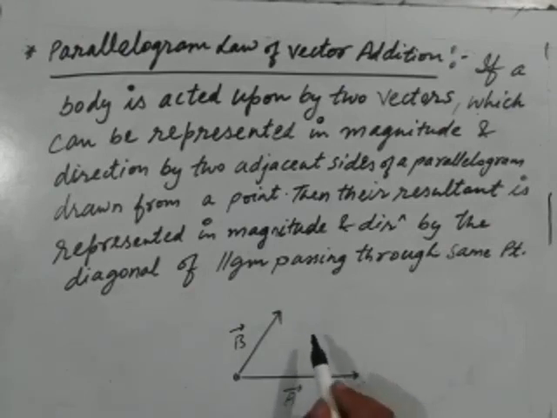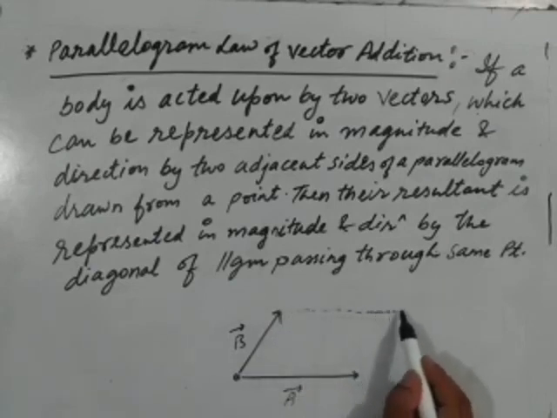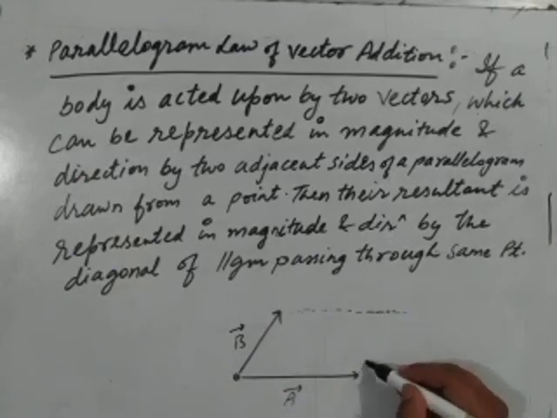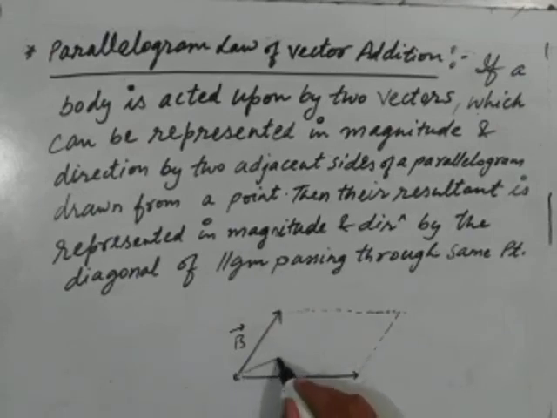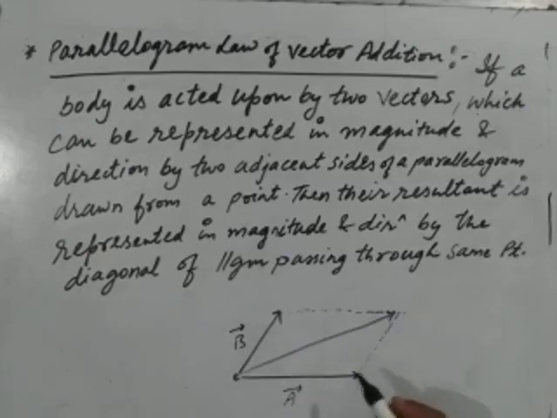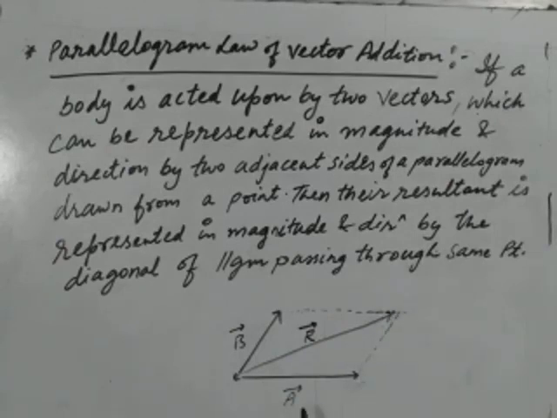So we will make a parallelogram. So if we complete this parallelogram and draw this diagonal, R will represent the resultant of these two vectors A and B which are acting at this particular point.